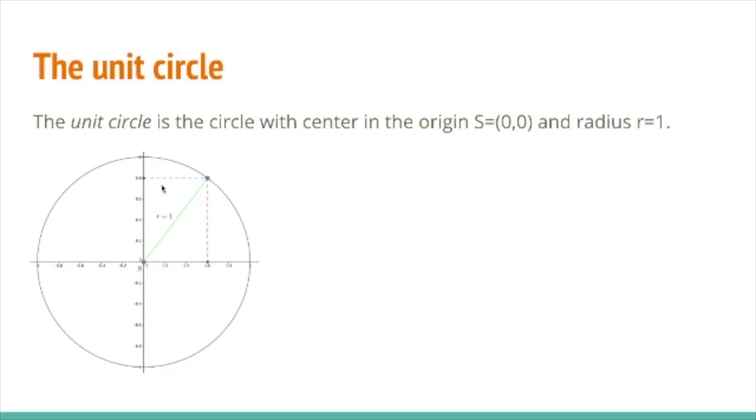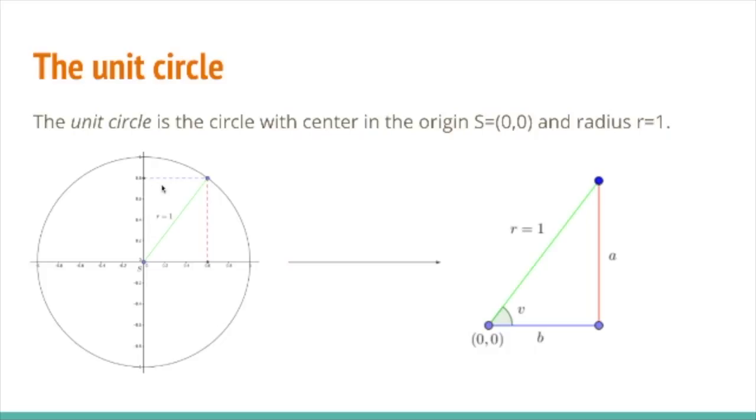Now what we have drawn here in addition is a point on the circle. We have taken the radius from the center to that point, and also the height from that point down to the x-axis and from that point to the y-axis. This is a way to illustrate the x value and the y value of that point.